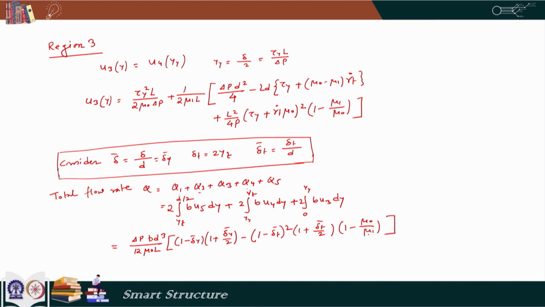And then we equate that to an equivalent total. So, this gives us the total flow rate, and then we equate that to the flow rate that would have been there because of a uniform velocity u_m.